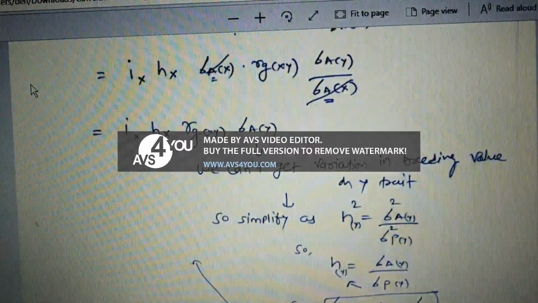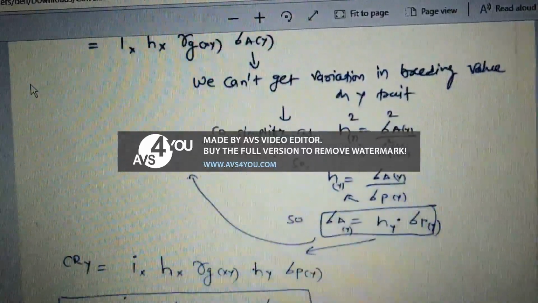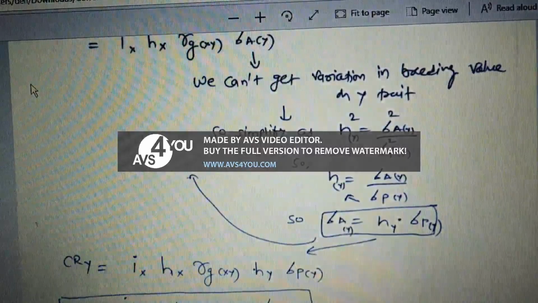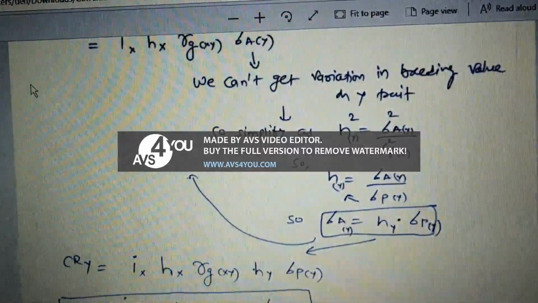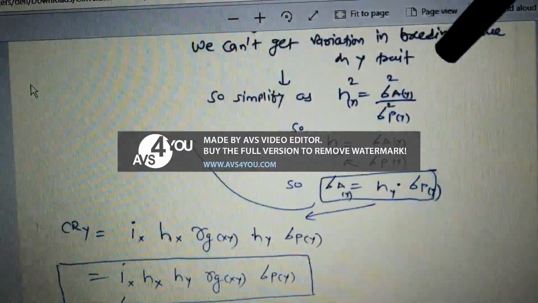In the form of square root, because heritability is a ratio of two variance values, if you want to write the square root of heritability, it is written as h, only h, not h square. So we can remove this square.